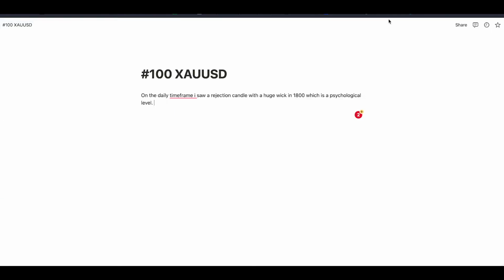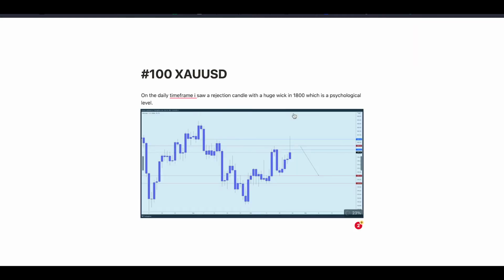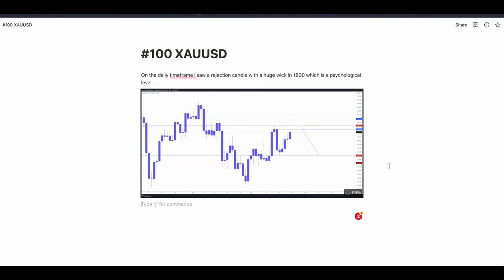Head back to Notion and press Command V on a Mac. So basically we are copying and pasting the image from TradingView and pasting it into Notion. This way we can visualize our chart in Notion, which is better for journaling your trades. It's easier to read when you can see the images.